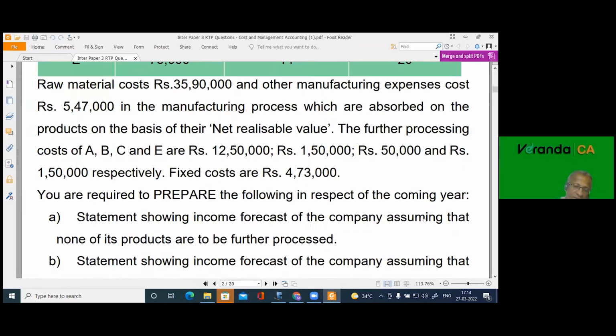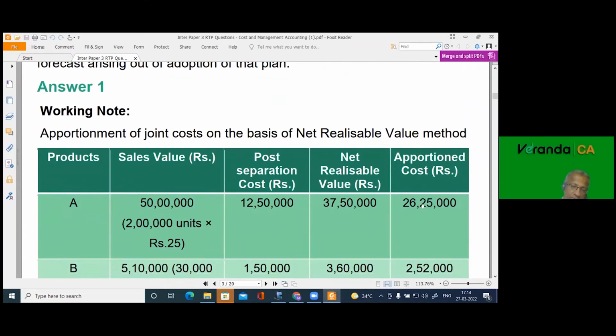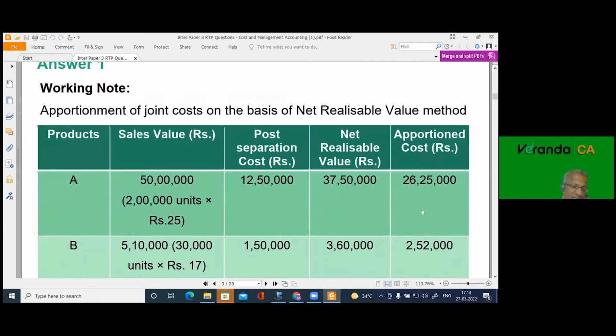So 1505. Portion the cost comes like this way.